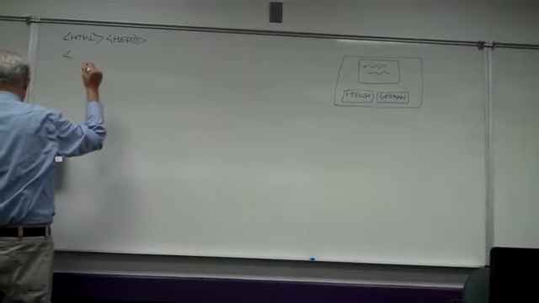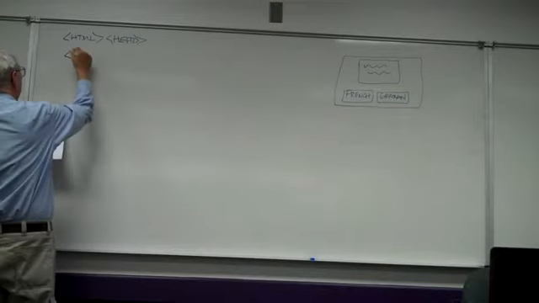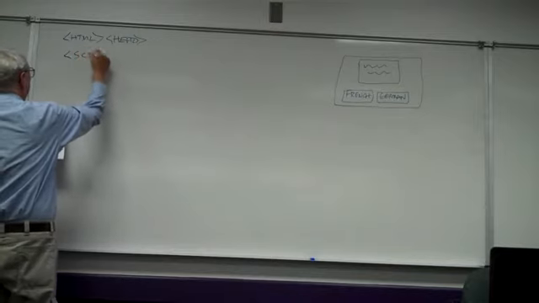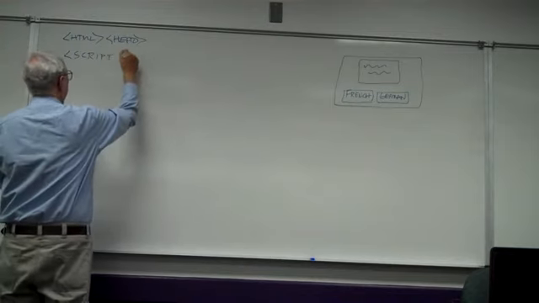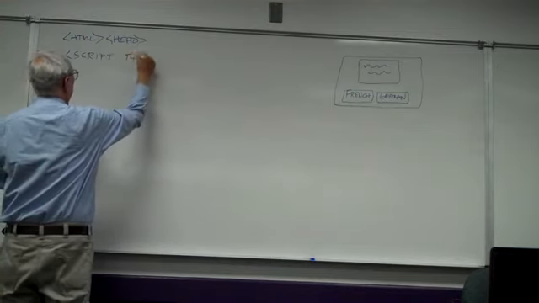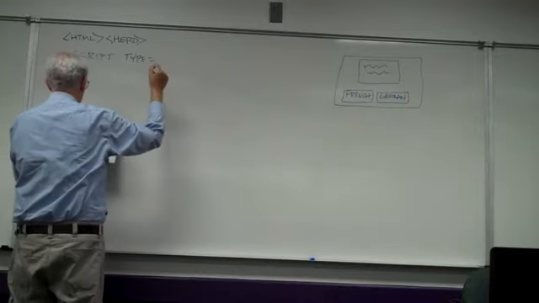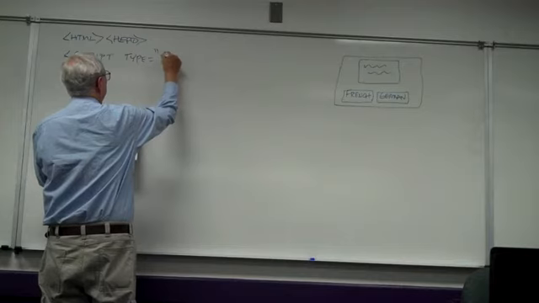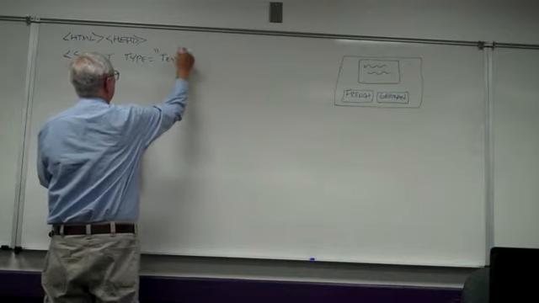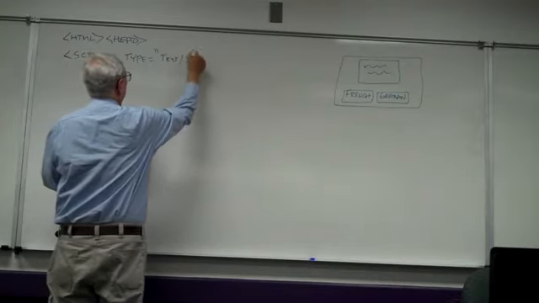I'll try to write it as clearly as possible so that you'll be able to read it. It's a script, same thing, script, just like we did before. This time what it says is type equals text/JavaScript.